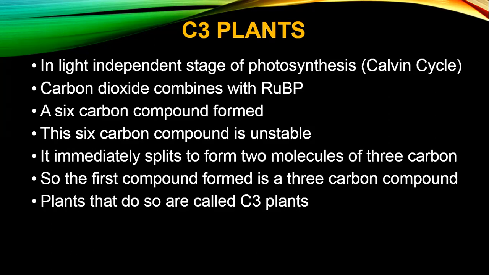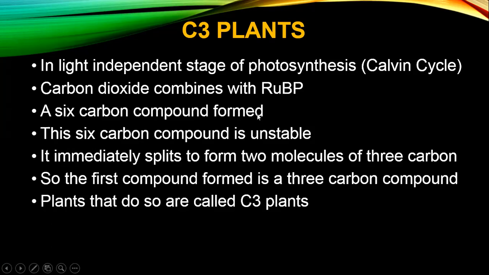If you remember, in the light independent stage of photosynthesis, which was basically only the Calvin cycle, carbon dioxide combines with ribulose bisphosphate. Carbon dioxide obviously contains one carbon, and ribulose bisphosphate was a 5 carbon molecule. So the compound which is formed is a 6 carbon compound.